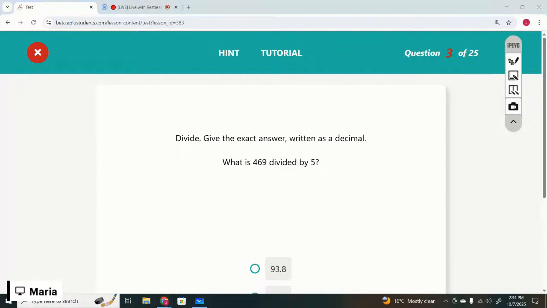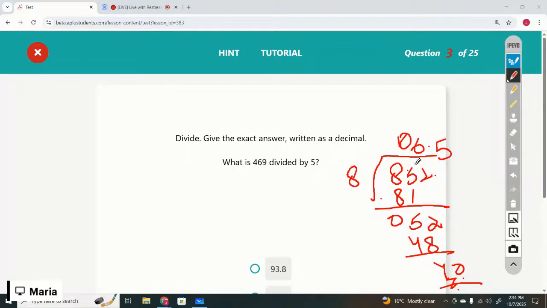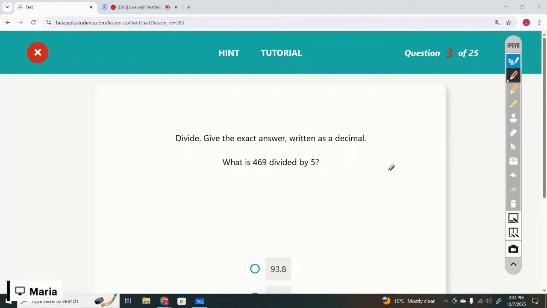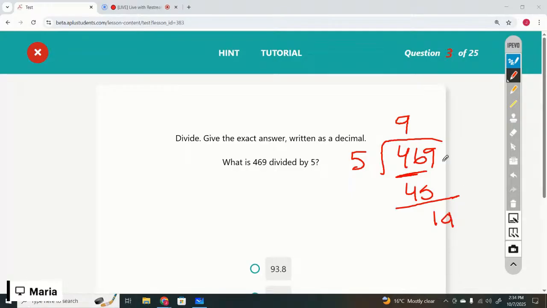469 divided by 5. Let's just divide. We need to count a table of 5 until 46. So we can go 5 times 9 is 45. 6 take away 5 is 1, bring 9 down. We can go for 5 times 3 is 15.